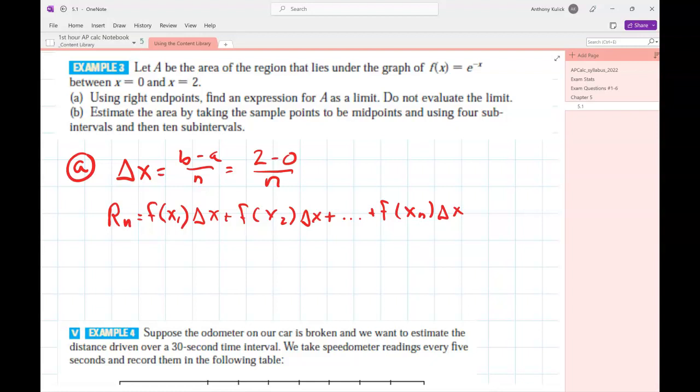Okay. But we can do a little bit better than this because we know what f of x is. It's e to the negative x.